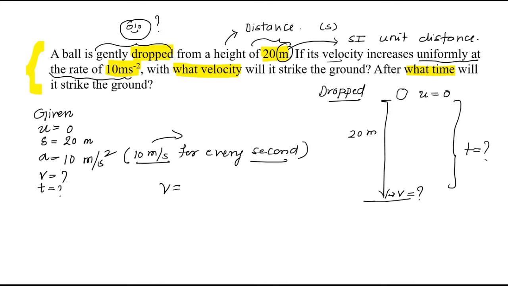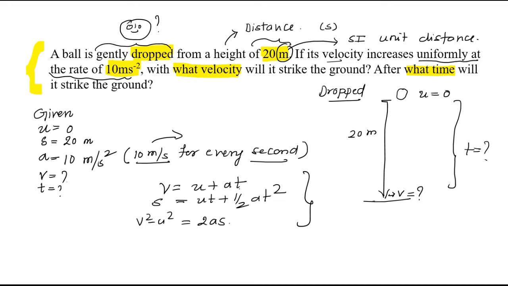First one is v is equal to u plus at. I'll remind you that v is the final velocity, u is the initial velocity, a is the acceleration, and t is the time. Next, distance: s is equal to ut plus half at square, and then v square minus u square is equal to 2as.